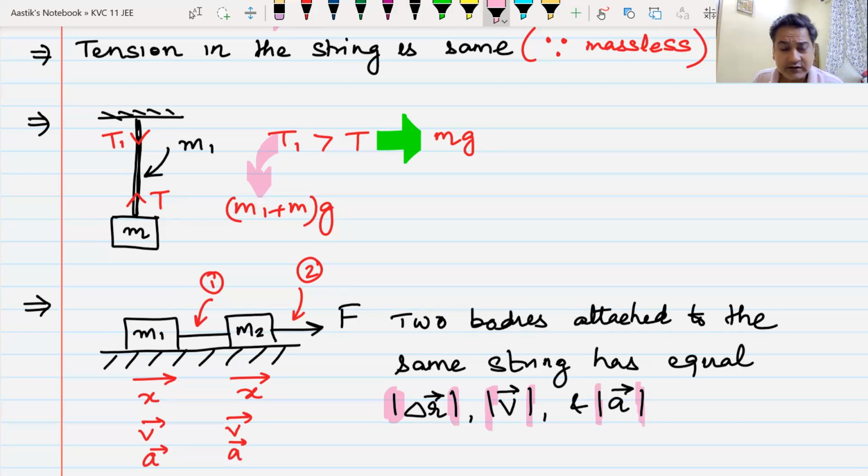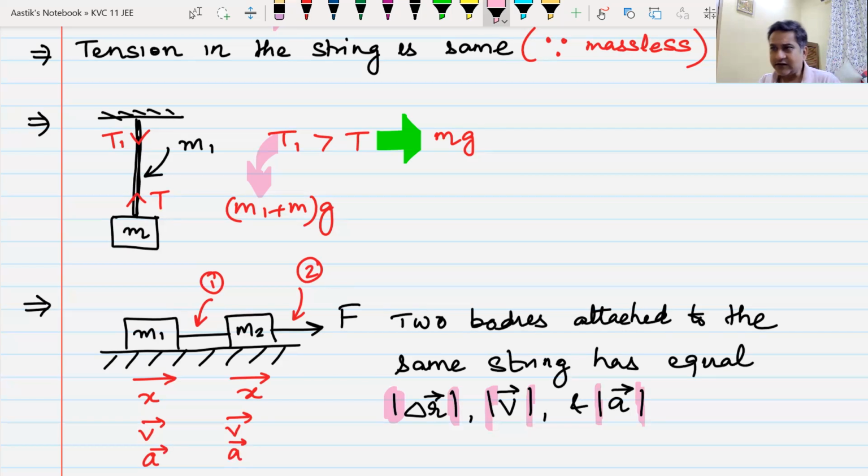Why did I not say they will have the same velocity, same acceleration, and same displacement? Remember, velocity, acceleration, and displacement are vector quantities. They do not have only magnitude, they also have direction. In this simple case, they are having the same magnitude, they are also moving in the same direction.